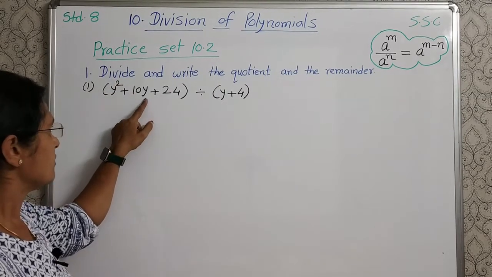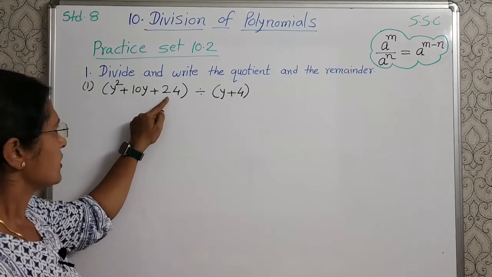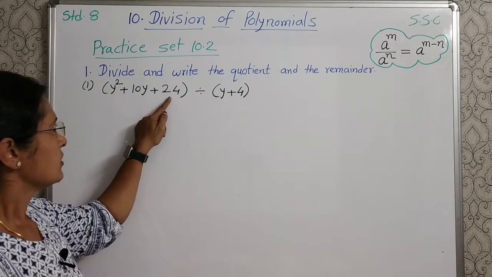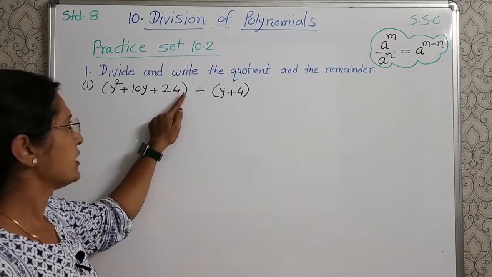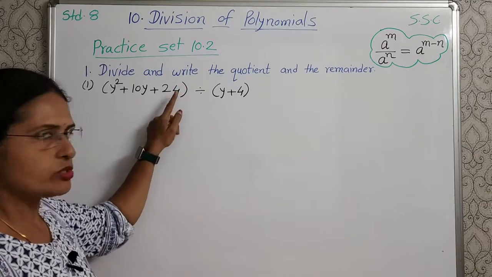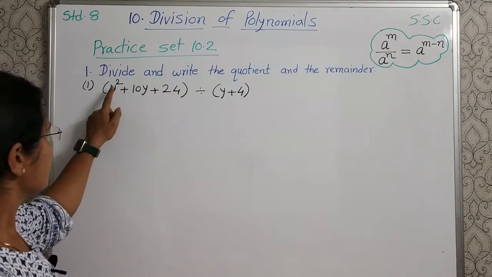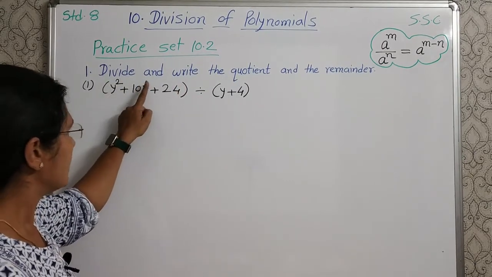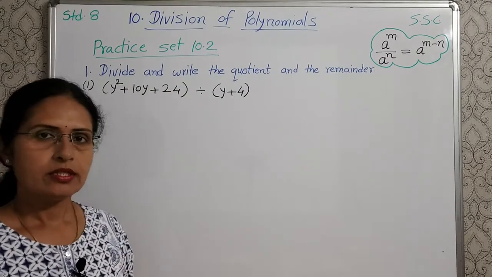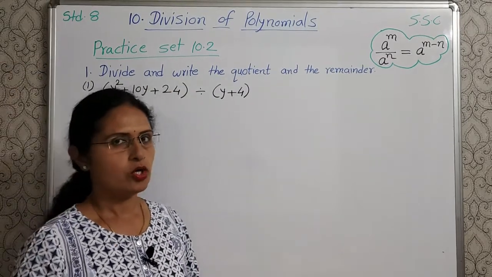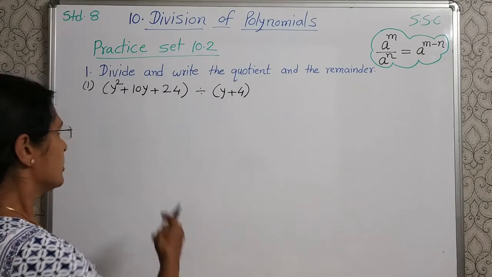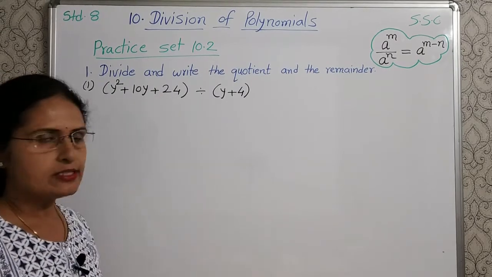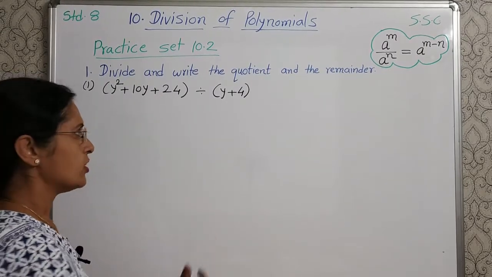Next term is 10y, index is 1. Next term is 24. There is no variable, but you can take and write y raised to 0. It means the indices here are 2, 1, 0. It means they are in the descending order. So here no need to arrange, already it is arranged in the descending order.